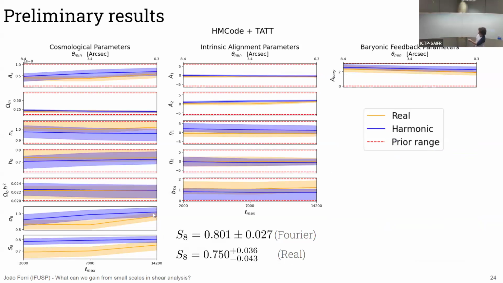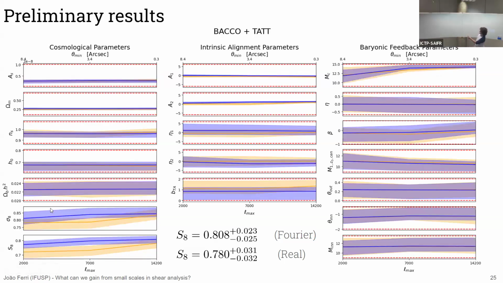So in the HM code case, sigma 8 is very high, almost reaching 1 for the Fourier space. And when you go to the Baco case, this value for sigma 8 lowers, so it gets into a much better agreement with Planck. And also S8 for the map.